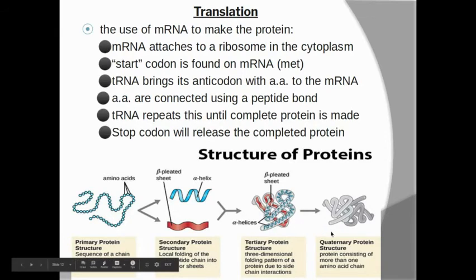And lastly, we have quaternary, which is the 4th level of protein structure. And it turns out that not all proteins are finished all by themselves. Some proteins consist of more than one amino acid chain interacting together. A great example of quaternary protein structure exists when you start talking about the roles of vitamins in our bodies.